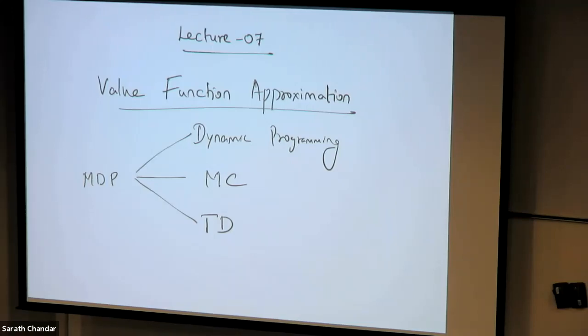For example, when you have a continuing task, or a task which has a very long time horizon, then Monte Carlo could be, well, first of all, in a continuing task, Monte Carlo is not possible. And in long horizons, Monte Carlo could be extremely slow. While TD doesn't wait for the episodes to terminate, it just learns one step after another. And we can also combine the advantages of both.